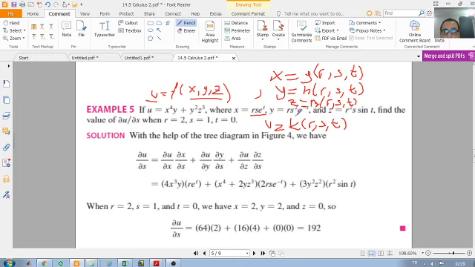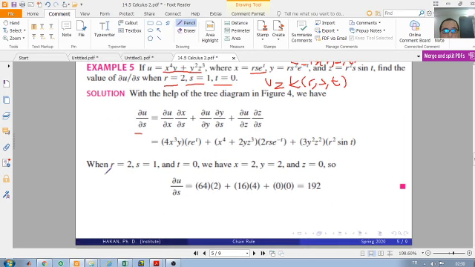So without writing the definitions of the intermediate variables x, y, and z written here into the definition of the function u, using the second case of the chain rule, we can find the partial derivative of u with respect to s.